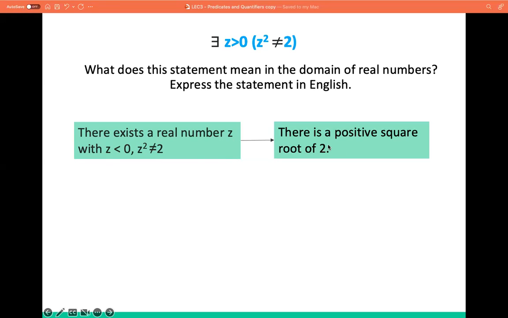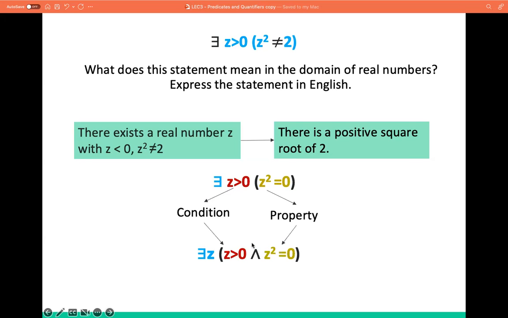Expressing it in natural language, there is a positive square root of 2. In this statement, we have to identify the restriction or the condition as well as the property and express it in this notation. Since this is existentially quantified, we will be using the and connective.